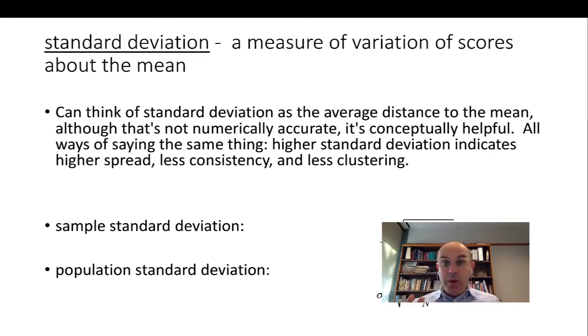Another form that we need to talk about, and I talked about that in descriptive statistics, is the standard deviation, or the measurement of variance of scores from the mean. So we have a sample standard deviation, but when we are taking a sample, we also have to know the population standard deviation.